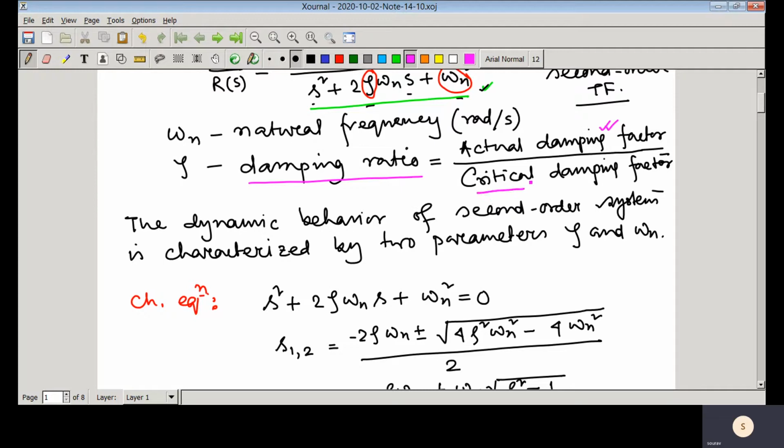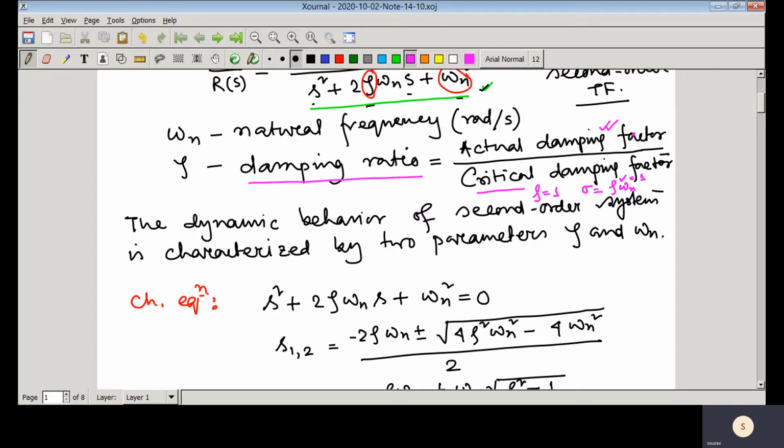The critical damping factor is the damping factor when the system is critically damped, that is when zeta equals 1. So the critical damping factor in this case would be omega n only, because sigma equals zeta omega n, and whenever zeta equals 1, the critical damping factor is only omega n.